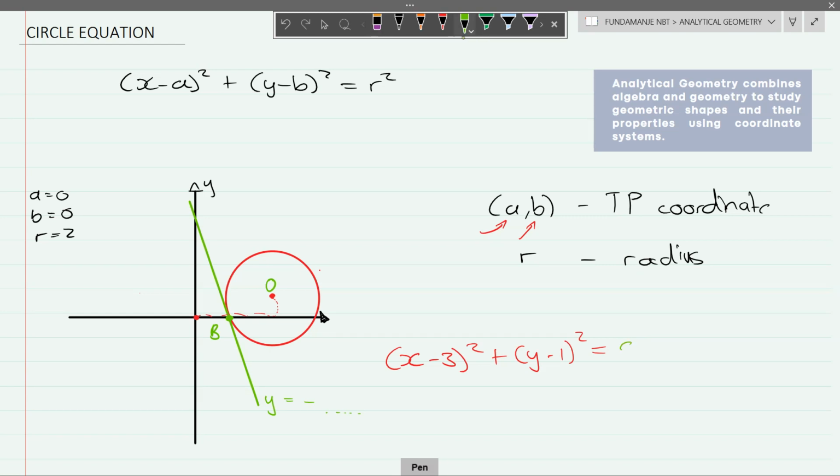You also get instances where you don't know some of these, like you wouldn't know what B is, but it's the same procedure. We know what the distance from O to B will be, because O to B is r, and r is √9, which is 3. If you know the distance from O to B, and you know the coordinates of O, and you know both coordinates of B because you worked out the x-intercept, that would be 0 and something.